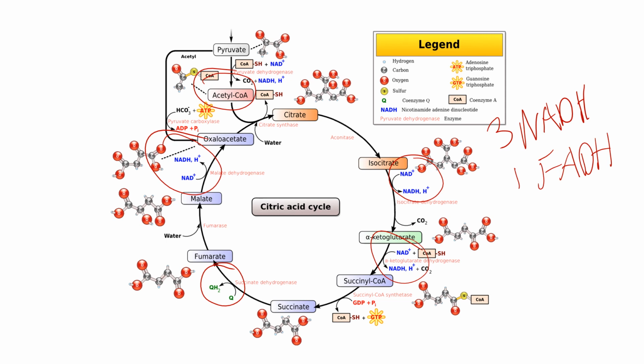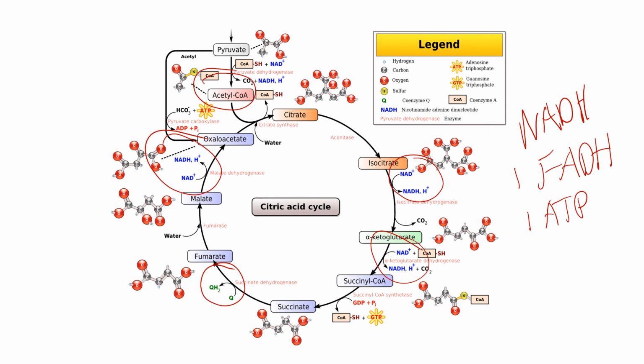And also, we get 1 high-energy phosphate off of succinyl-CoA. So we're also able to create 1 ATP for each round. You don't want to lose sight of the fact either that when we break down a glucose molecule, we get 2 pyruvates, which make 2 acetyl-CoAs, and each one is going to go around the Krebs cycle once. So we have to double this.